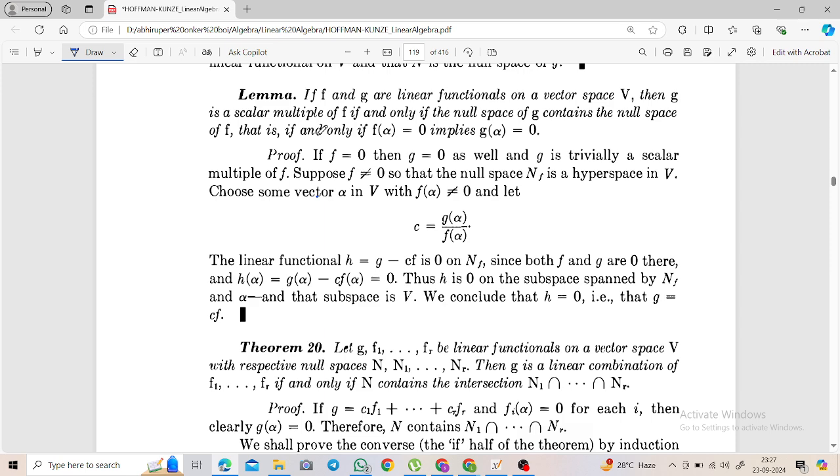Is the statement clear? f and g are two linear functionals. For non-zero linear functionals, actually there is an equality.